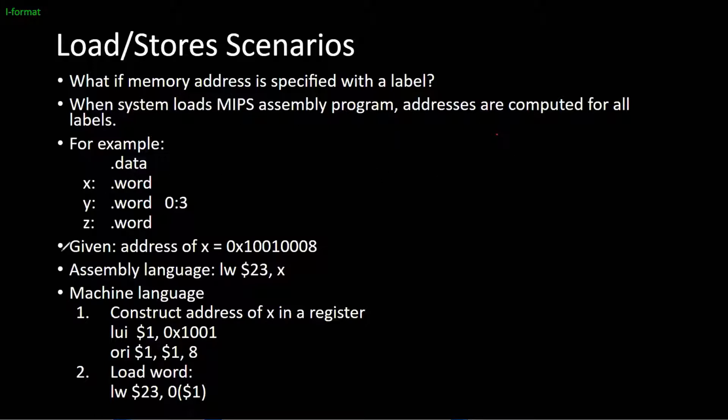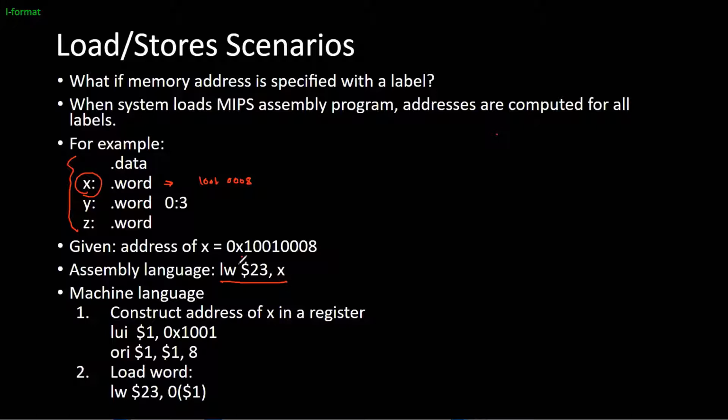So let's look at the example. Here we have the address of X. Let's say this is your data section, and this is X. The address of X is given here: 10010008. So that's the address of X. In Mars assembly, you are doing this command: load word $s0, and then you are putting that X there.